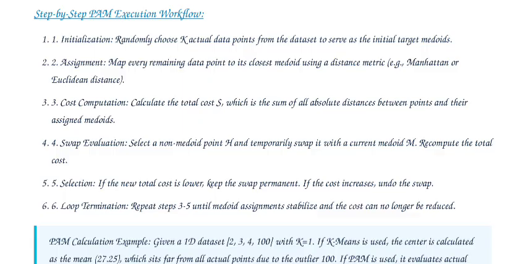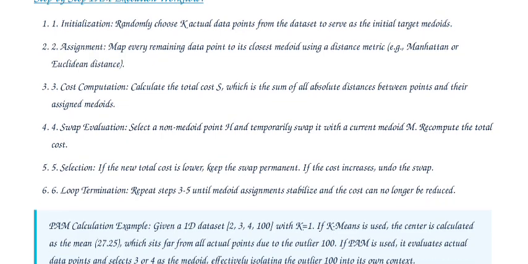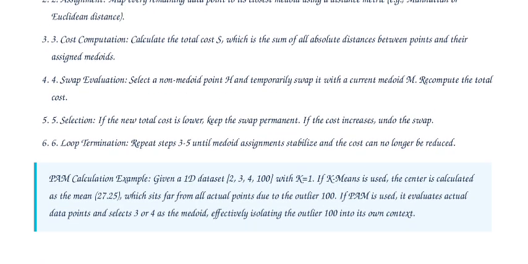Loop termination. Repeat steps 3 to 5, that means steps 3, 4, 5, until medoid assignments stabilize and the cost can no longer be reduced. The PAM calculation example is given here. Given a one-dimensional dataset with k equal to 1.